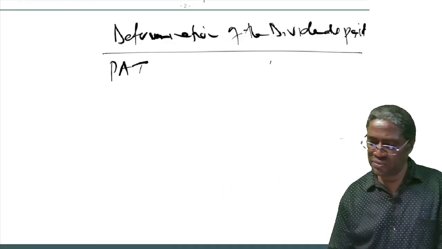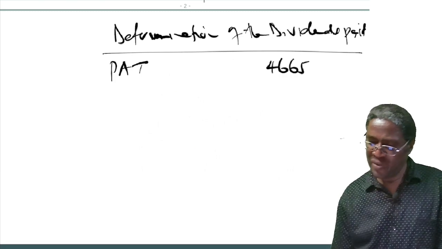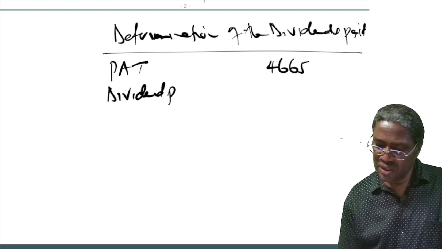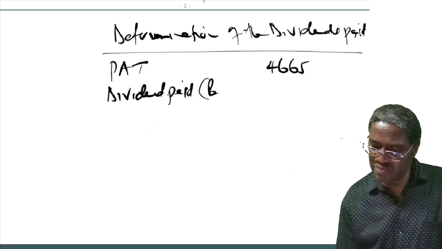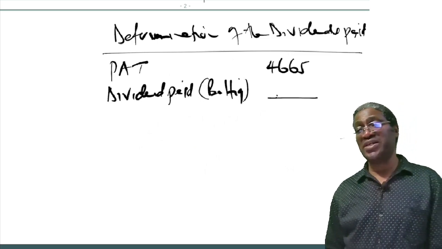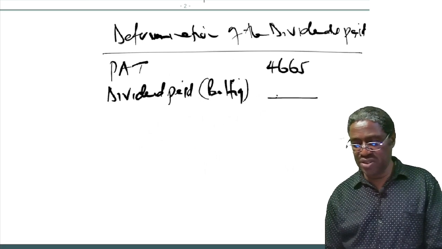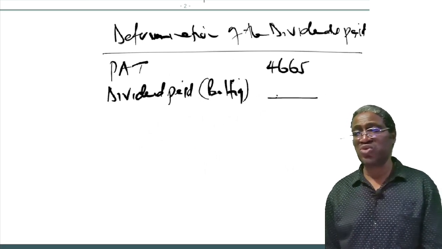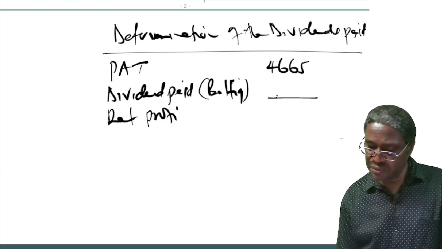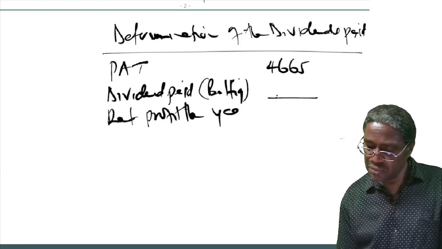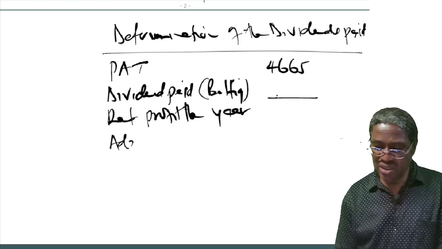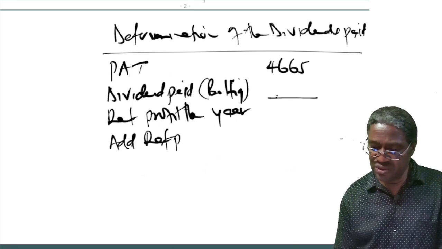Then you come and see your dividends paid. Put in brackets balancing figure, to remind you that's what we are trying to calculate. Then we see retained profit for the year, which we don't know.